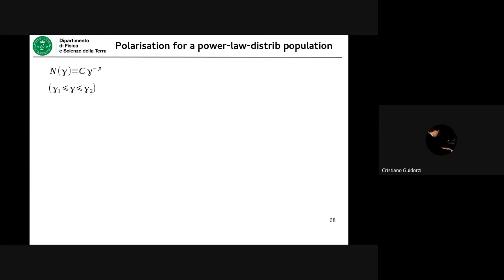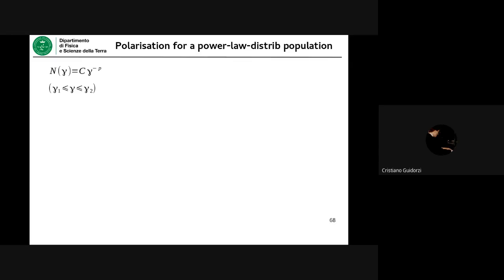The interesting case, again, for the very reason I already told you when we were interested in calculating the resulting energy spectrum of synchrotron emission in the case of a population of electrons, I told you, well, unlike the Bremsstrahlung case, here the typical population of ultrarelativistic electrons that one finds in several astrophysical contexts is just a power-law distributed population.